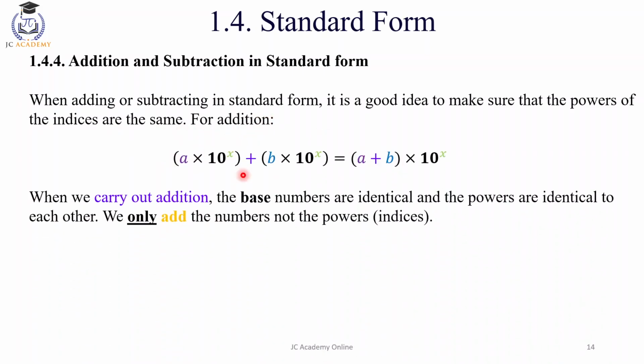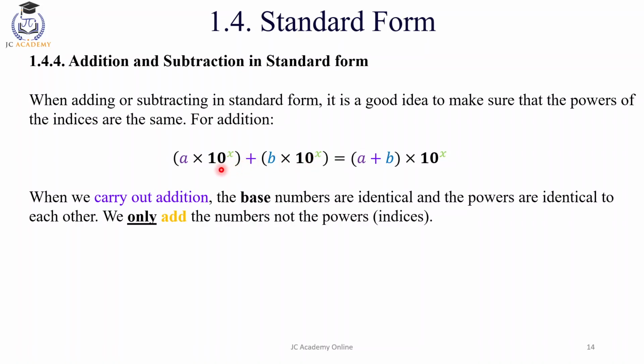For addition, the general rule is: if you have two numbers expressed in standard form, when we're adding them, we just add the numbers in front. But we can only do that if the base, here, is the same.